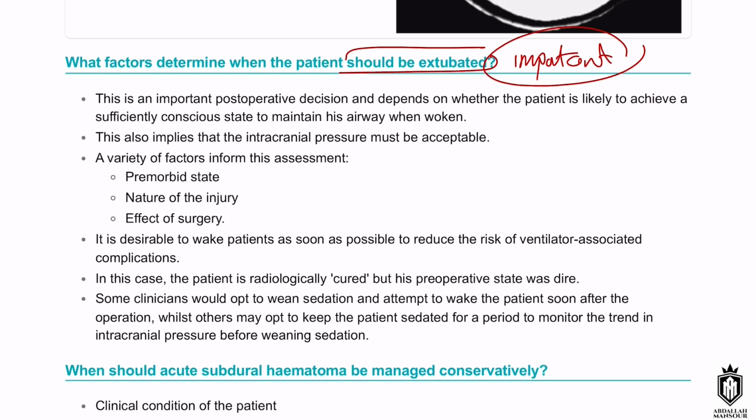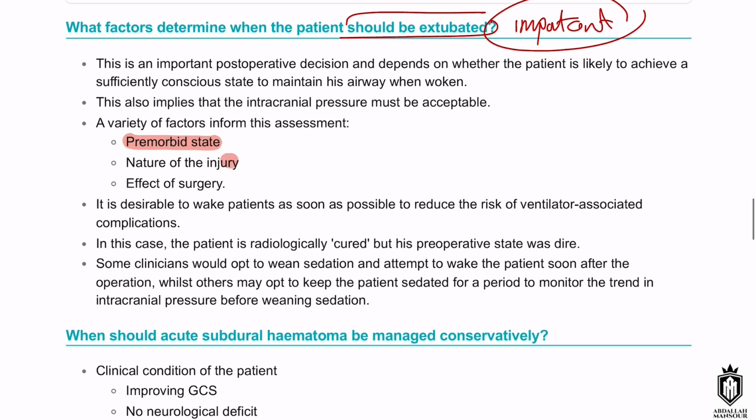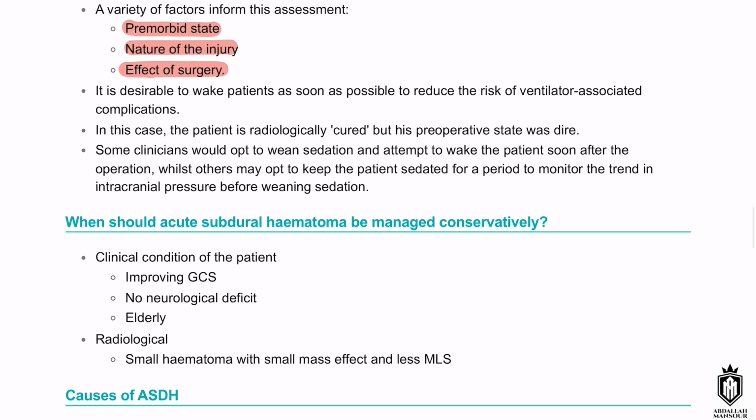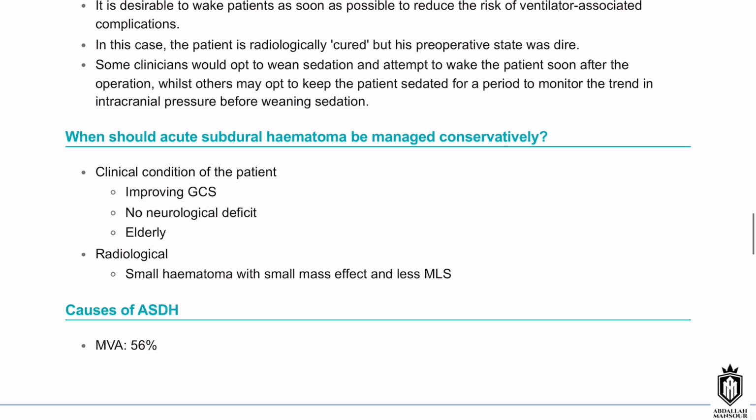That will depend on the premorbid state of the patient, the nature of the injury, the effect of the surgery on the patient, and also secondary brain injury. You'll find lots of controversies here. Some surgeons will prefer to extubate immediately after the operation and see what happens, and others will prefer to do it gradually.